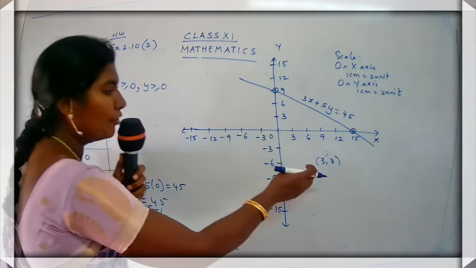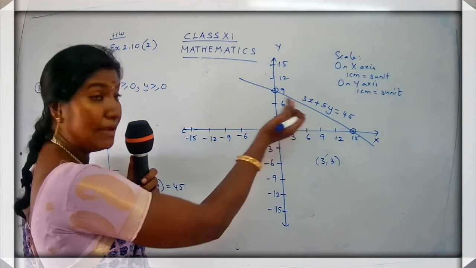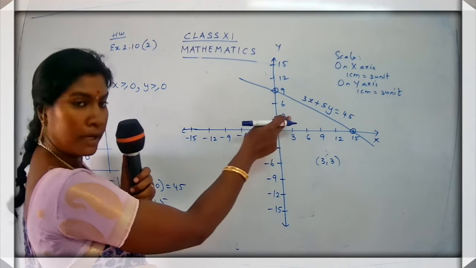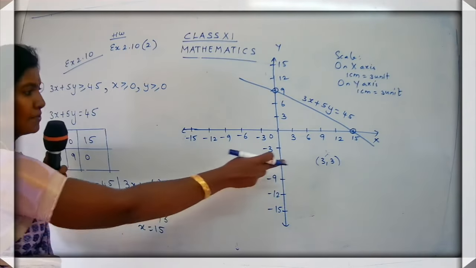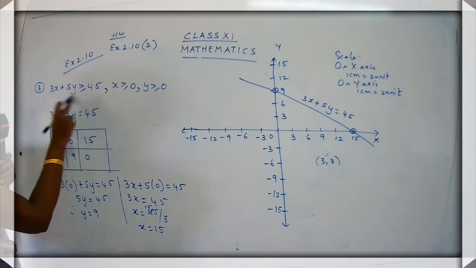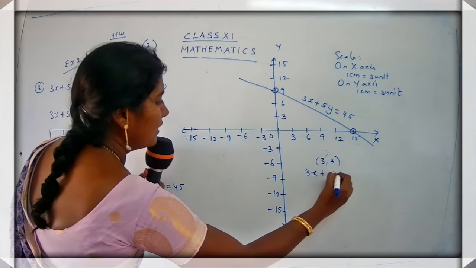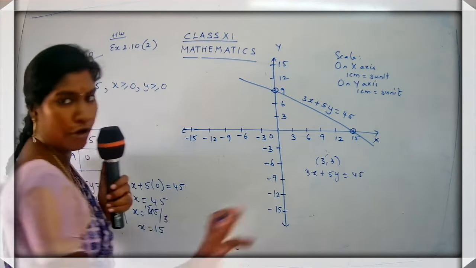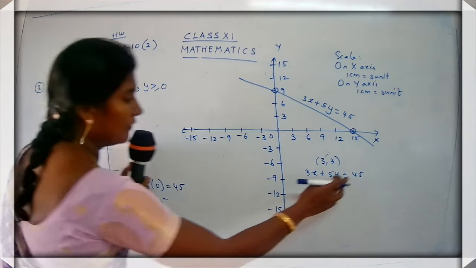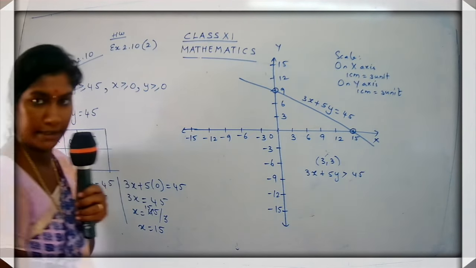So I'm going to choose a coordinate which is lying below it. I have chosen 3, 3. Now I'm going to substitute this in the given inequality. So what is that? 3x plus 5y is equal to 45. Okay, I'll put here 45. It's greater than 45, okay? So I'll just take the greater than part.